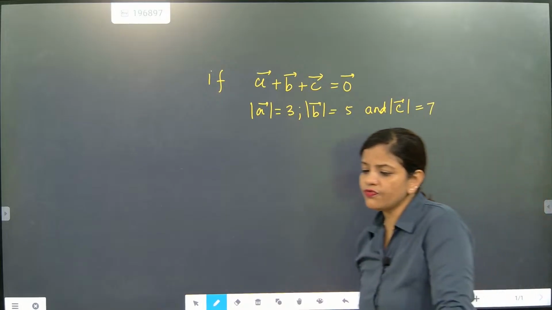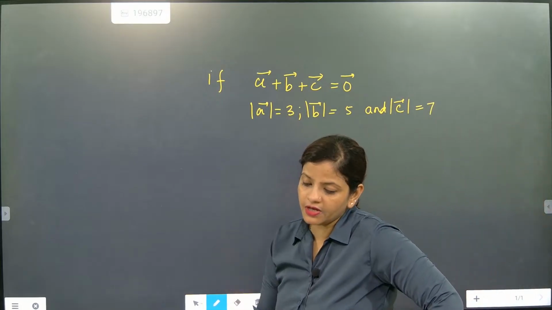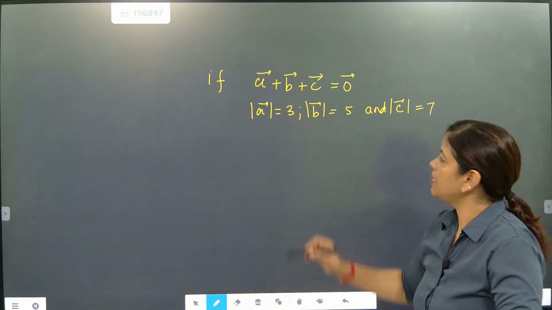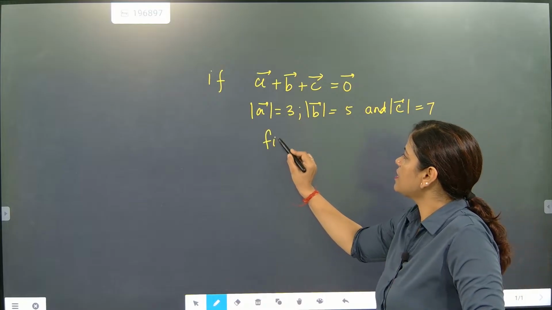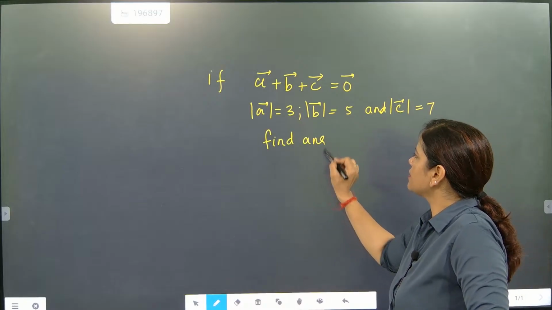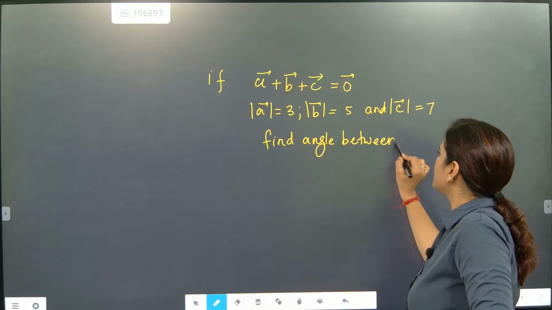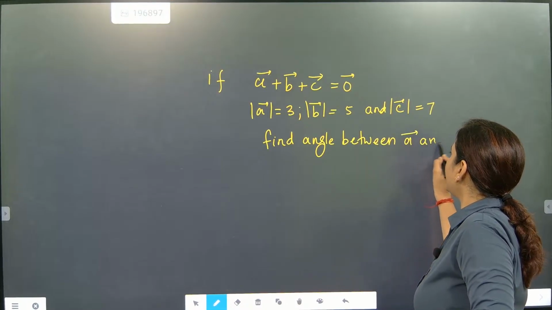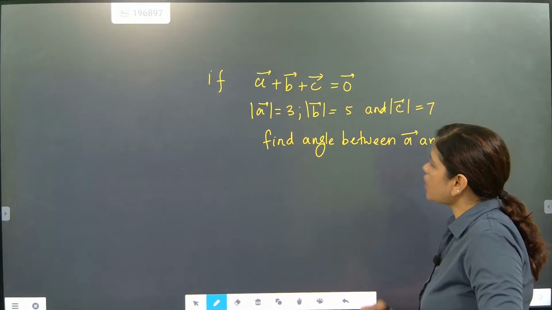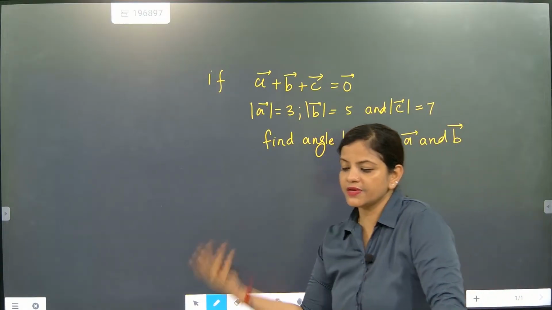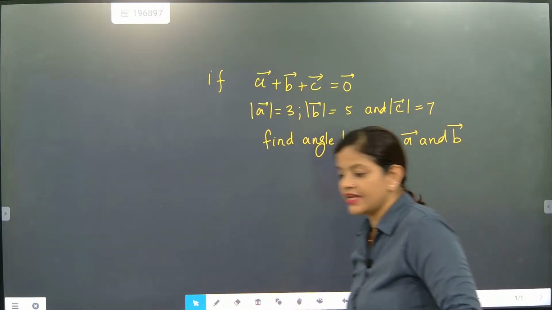Now what you need to find is the angle between A vector and B vector. This can come as MCQ format or any other format.